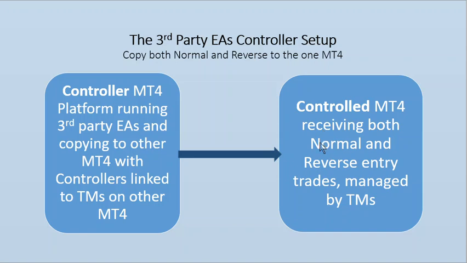So by my convention, any normal trade has a magic number of 6, 1, 2, 3, 4, 5, and any reverse copy trade has a magic number of 9, 1, 2, 3, 4, 5. And the combination of the 9 number and the 6 number with the currency pair is sufficient for the trade manager to distinguish between the various EAs and various trades that it is recalling.